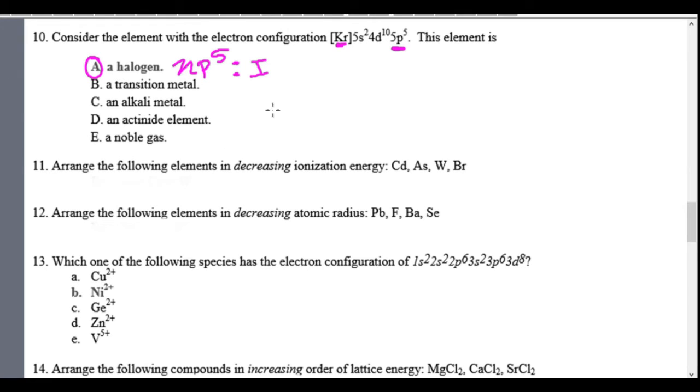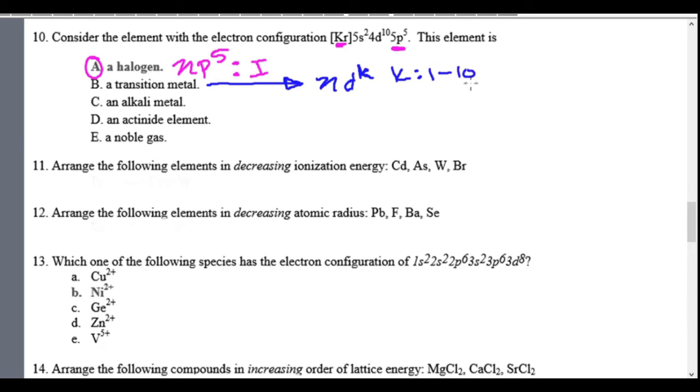For a transition metal, it should end in n for your period, then d, because all the transition metals fall in the d block. Then your exponent is going to be k, where k is 1 through 10.